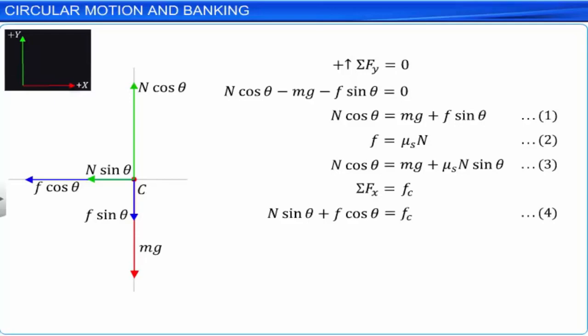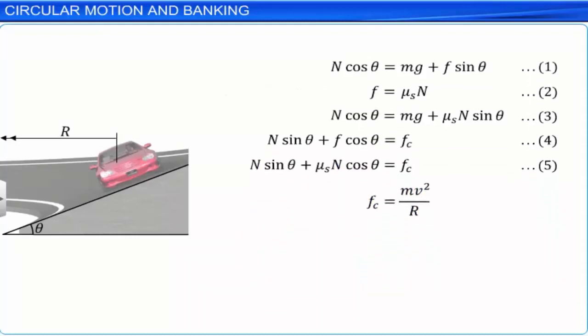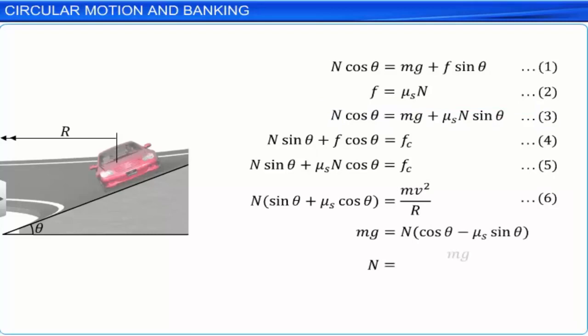Substituting equation 2 in equation 4 and solving, we get equation 5 as N sin theta plus mu s N cos theta equals Fc. But Fc is equal to mv squared divided by r. Substituting this in equation 5, we get equation 6 as shown. From equation 3, N is equal to mg divided by cos theta minus mu s sin theta.